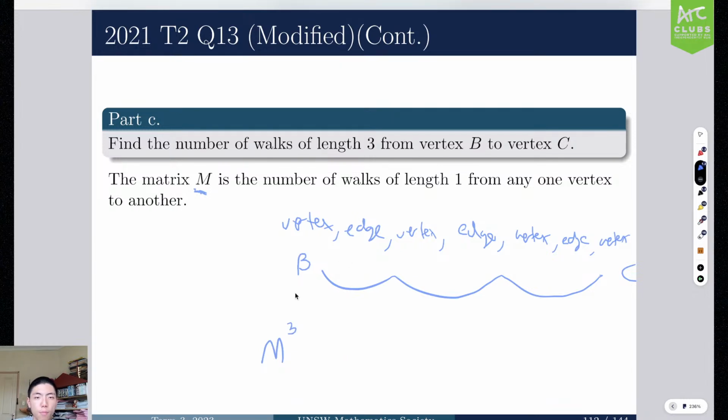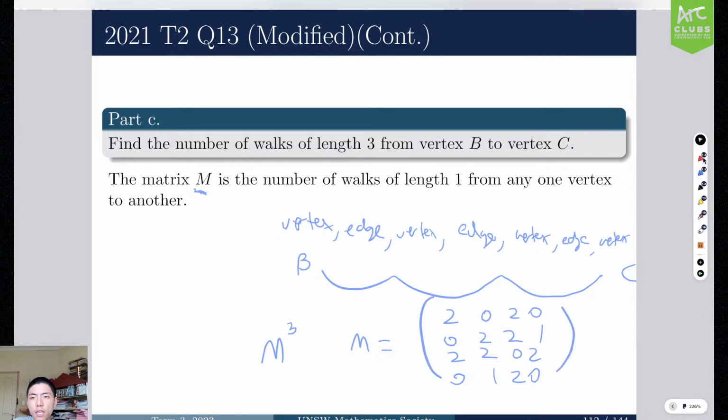So if we take a look at the matrix M, so M equals 2, 0, 2, 0, 0, 2, 2, 1, 2, 2, 0, 2, 0, 1, 2, 0. This is the matrix M, right? What matrix M is telling us right now is the number of ways that you can go from one vertex to another vertex.